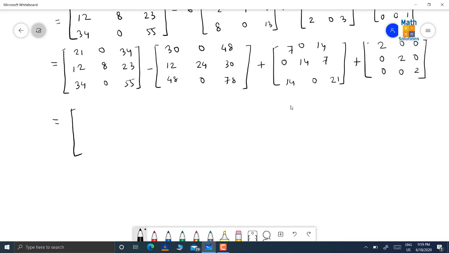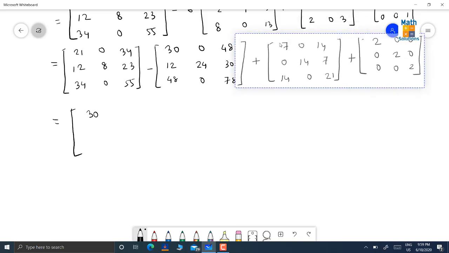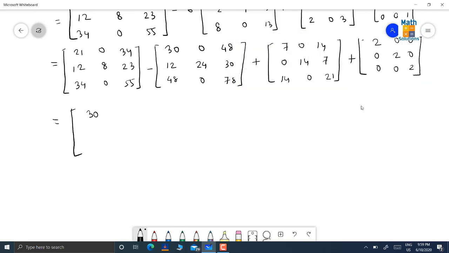If you observe, we shall get only the plus terms if we choose them. Then 21 plus 7 plus 2 will be 30. Then after that, these are all zeros. Let's place it properly. Okay, here we placed it.